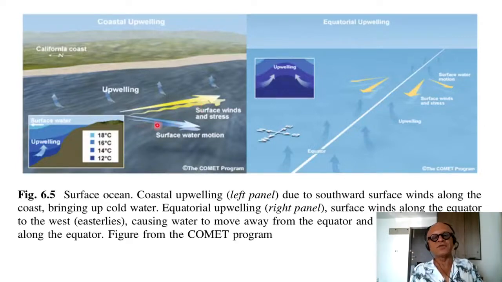So if the winds are blowing this way, then surface waters will be tilted to the right of the winds, which can give you divergence, so water moving away from the coast, which means cold waters being pulled up from below, and usually that means nutrients coming up: cold water, nutrients, phytoplankton, fish, and so on.